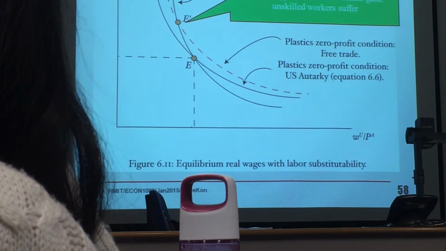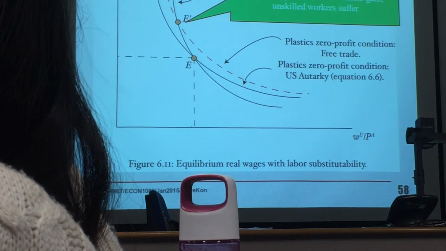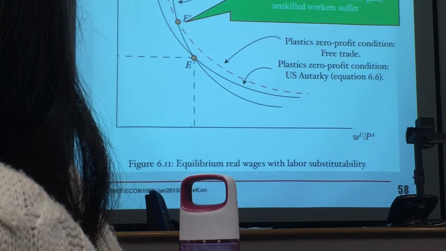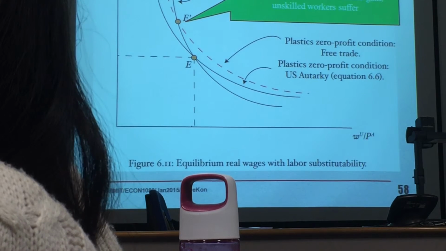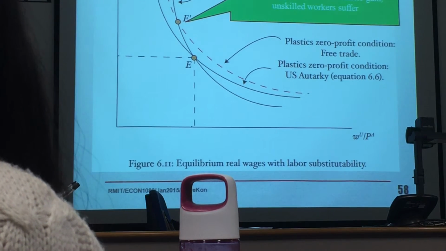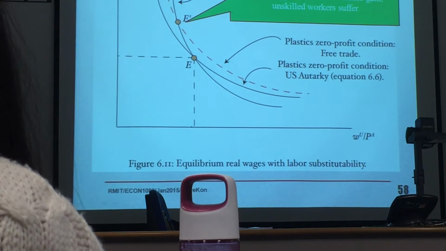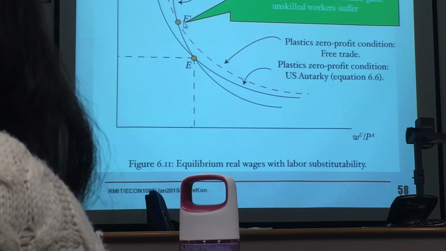Okay, this is what you see. Once again, US, right, has more skilled workers, produces more plastic, so she exports it out. Right, okay, and she buys the cheaper apparel, so PA drops. Right, and the purchasing power, known as the budget set, shifts upwards.